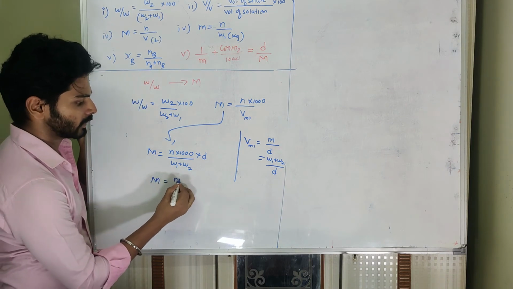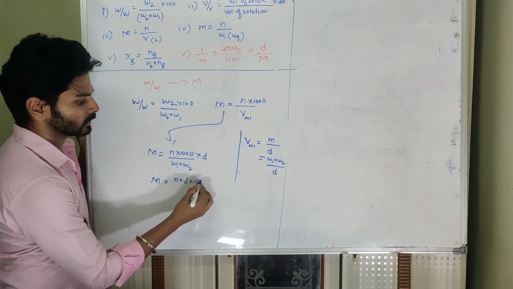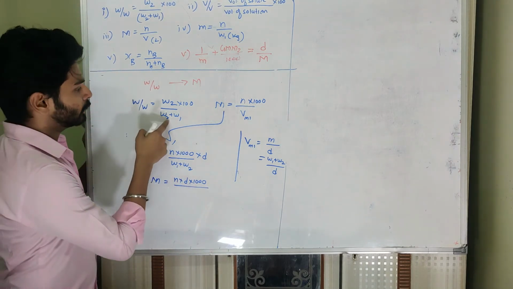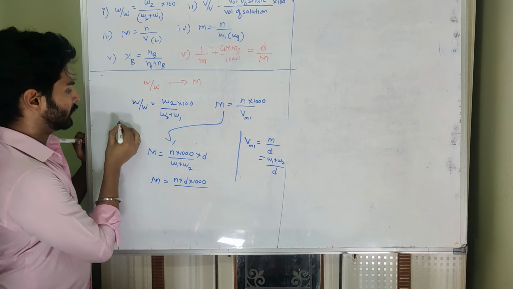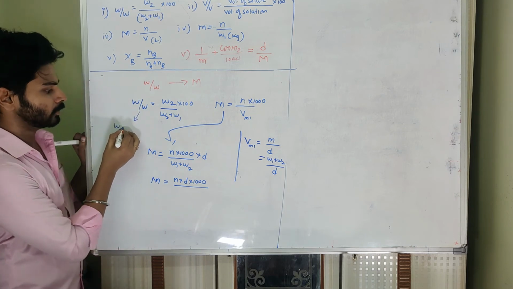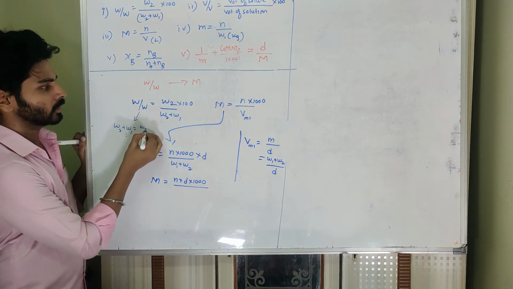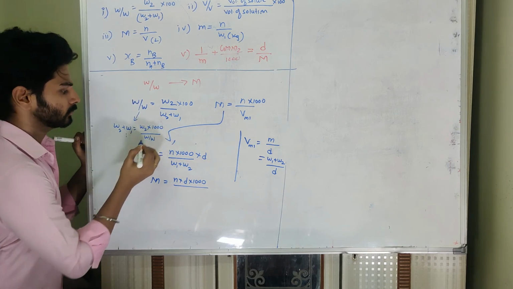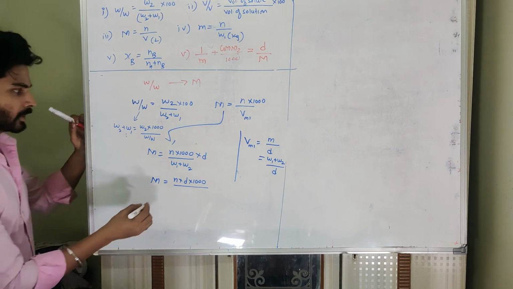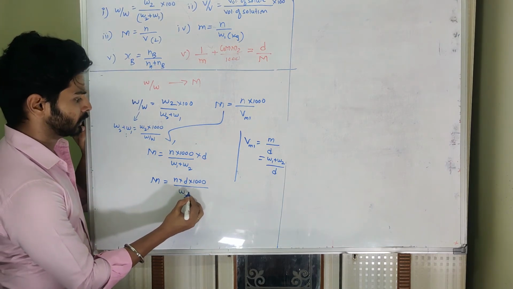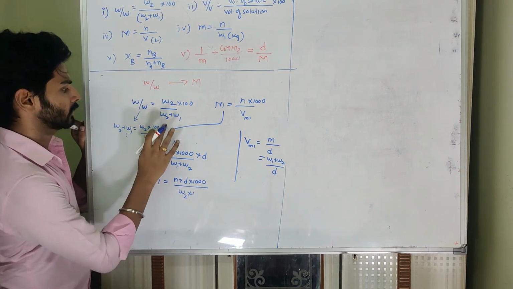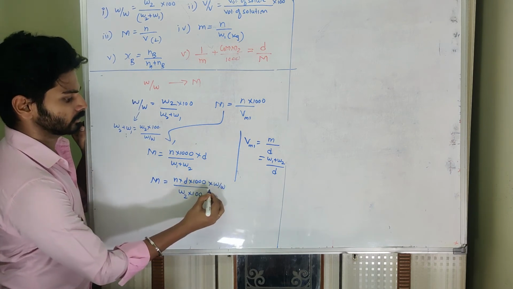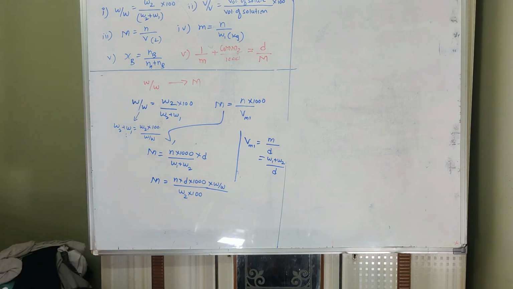Molarity is equal to N into D into 1000 divided by W1 plus W2, taken here. That means W2 plus W1 is equal to W2 into 100 divided by W. So I'll substitute here W2 into 100 divided by W. W is a percentage actually.